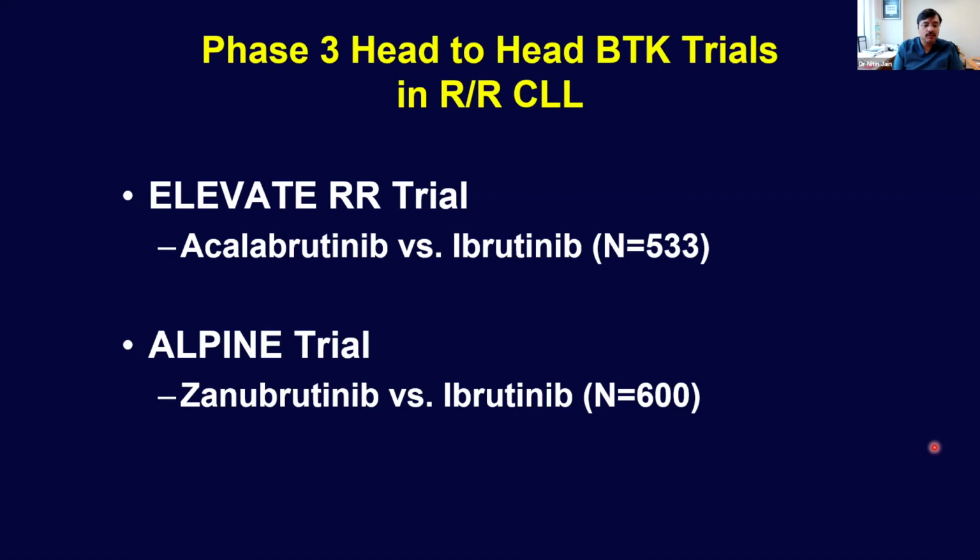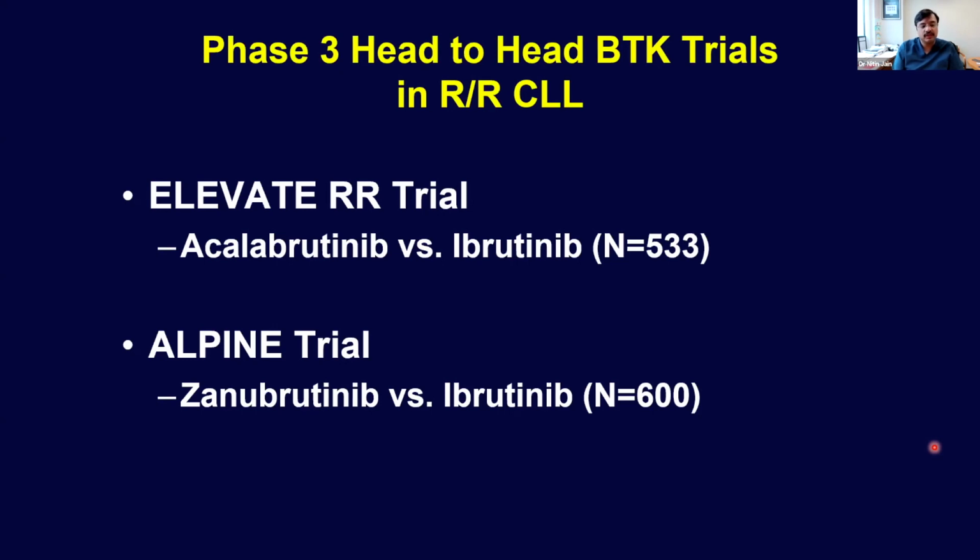We already know from the press release, which was issued last month, that in acalabrutinib versus ibrutinib, the trial showed non-inferiority for the efficacy between the two, and acalabrutinib led to statistically significant less atrial fibrillation compared to ibrutinib. That trial has not been published or reported. Hopefully it will be at ASCO or EHA, we'll see. But I think that study will be important to see.